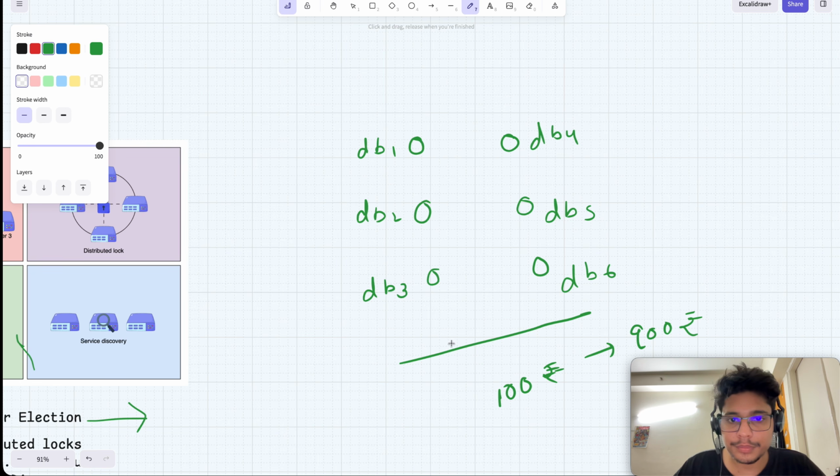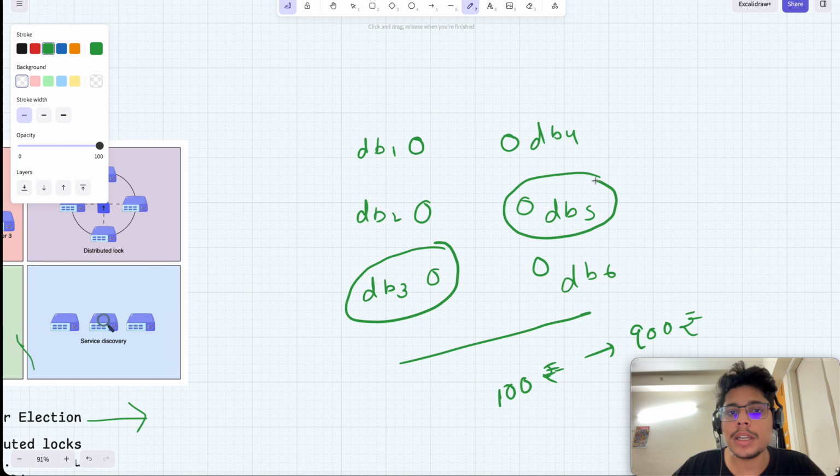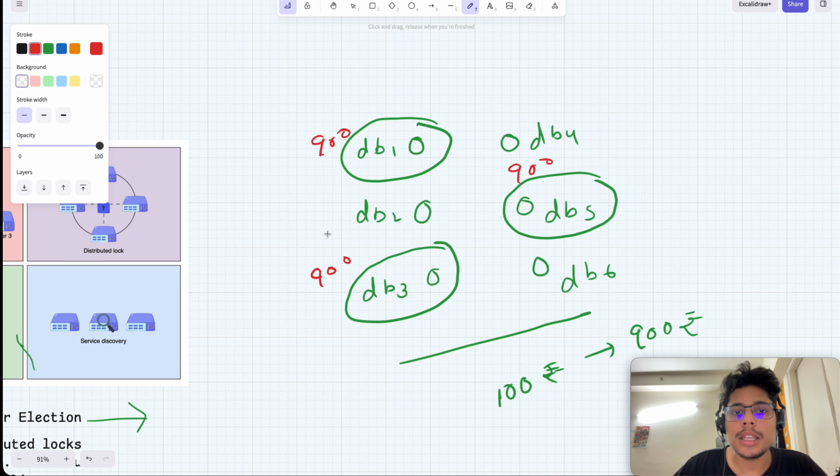Now suppose db3 is updated, db5 is updated, db1 is updated. Now in all these dbs we have 900. But in db2, db4, and db6, 1000 rupees balance is still showing.